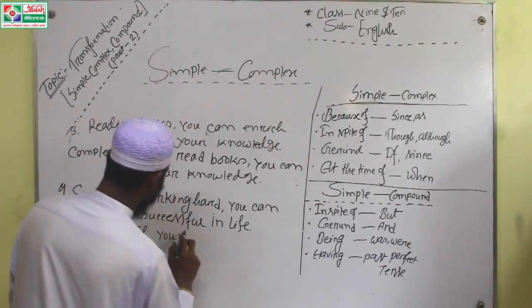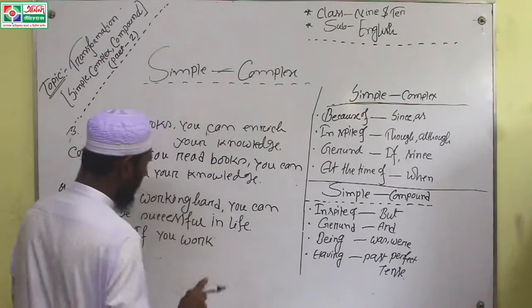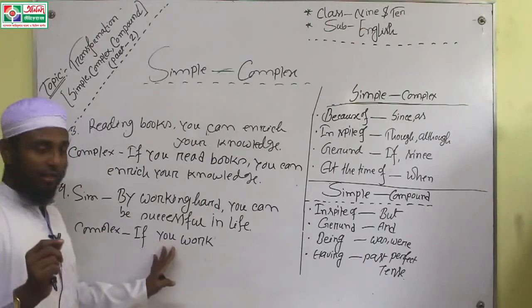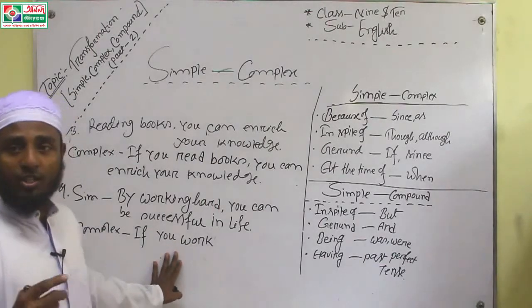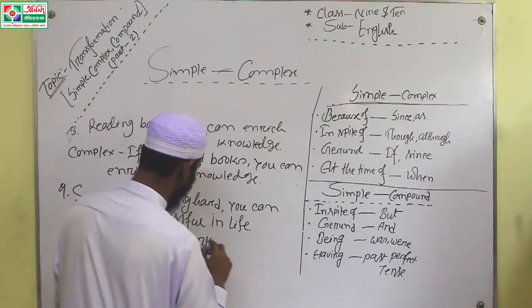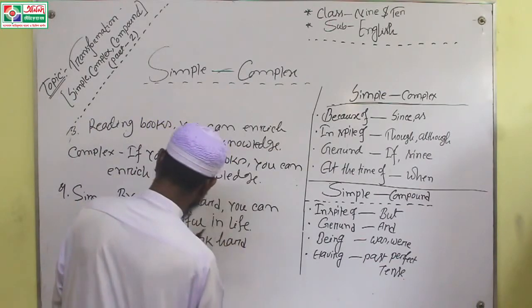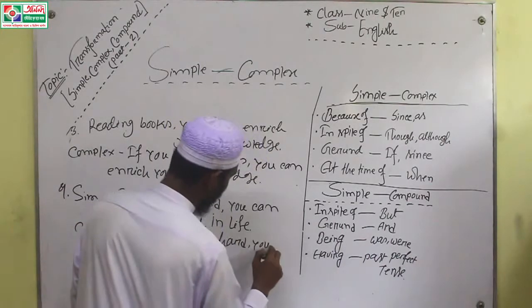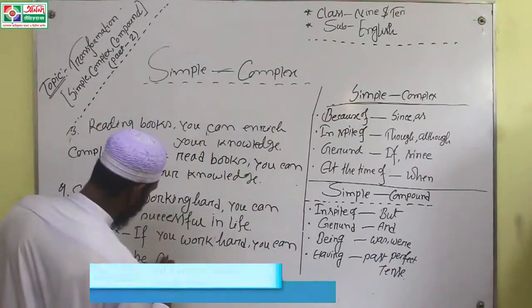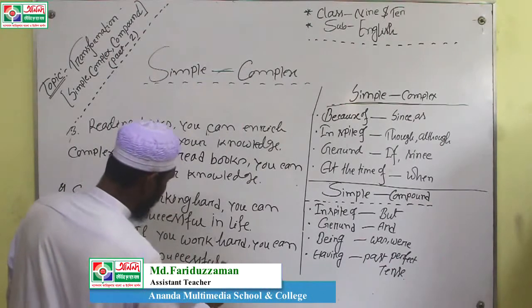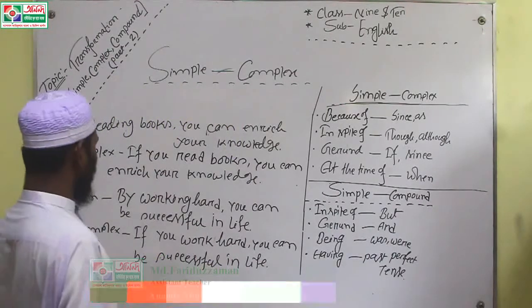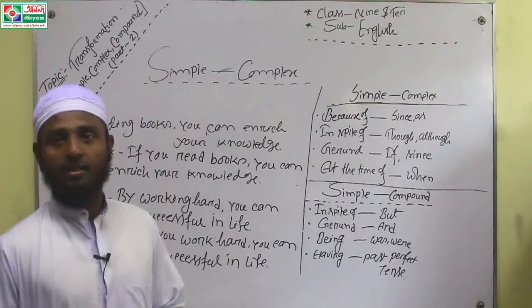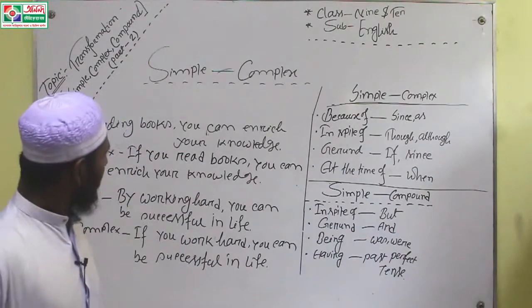If you work hard, you can be successful in life. You have to write a sentence when you change. Okay, if you work hard, you can be successful in life. That is simple to complex.